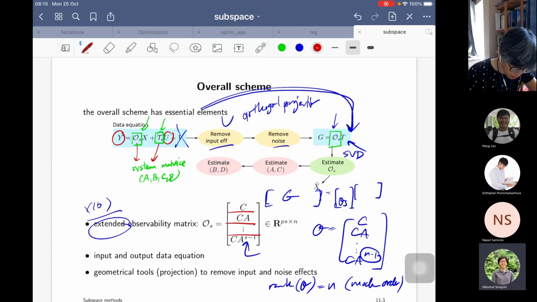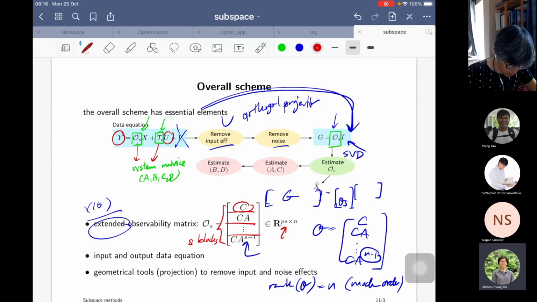The OS matrix contains s blocks. Each block has the same number of rows as the matrix C, which is the dimension of the output Y. So I state the dimension here.